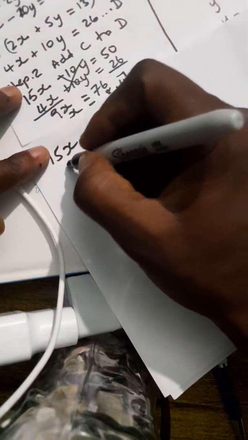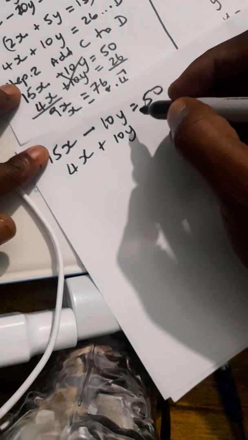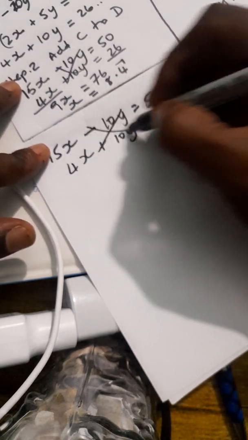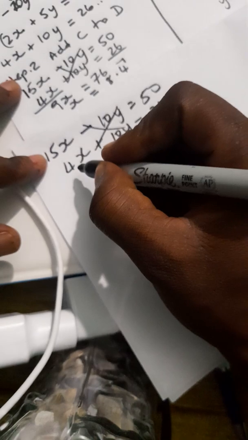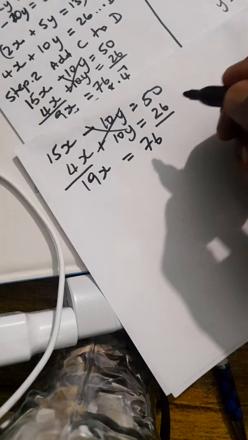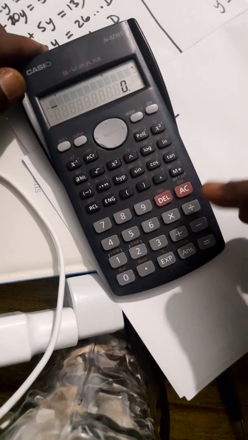So this is now 4x plus 10y equals 26. Let me show you something now. This cancels this. 15 plus 4 is 19x equals 76. May I show you something? Watch here.